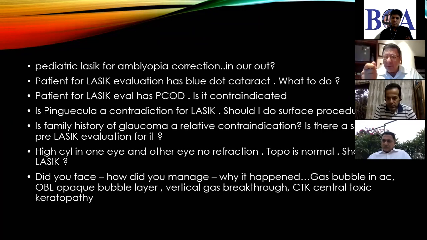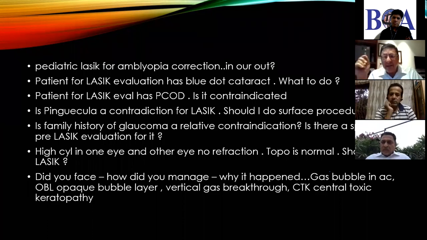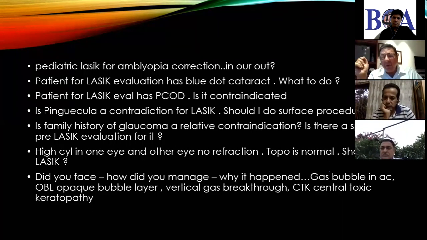Unless your cylinder is corrected phenomenally with your LASIK, you're going to land up in more of a problem. This is completely different for a monofocal lens, where he will have a brilliant result with LASIK for a dioptric surprise. But I would exercise caution when you're doing a LASIK on a multifocal patient.